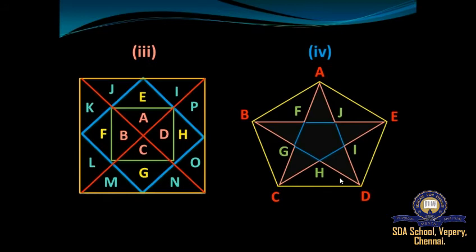Now I'm going to combine 3 triangles at a time. So we have CED, DAE, EBA, ACB, BDC, CEF, DBJ, GDA, EBH, and ACI.